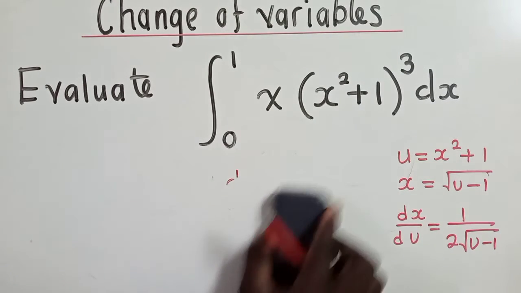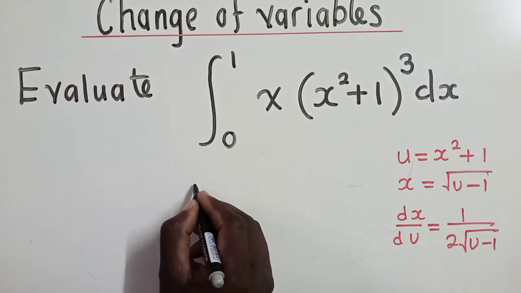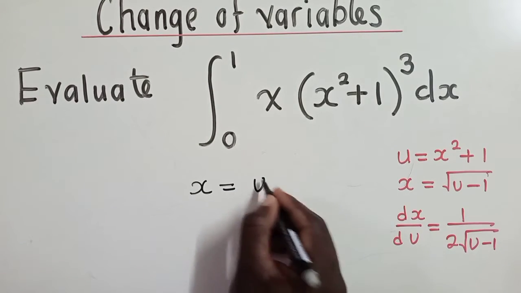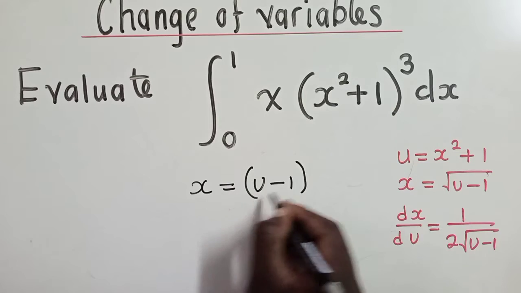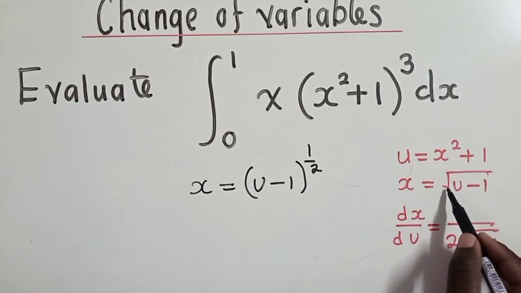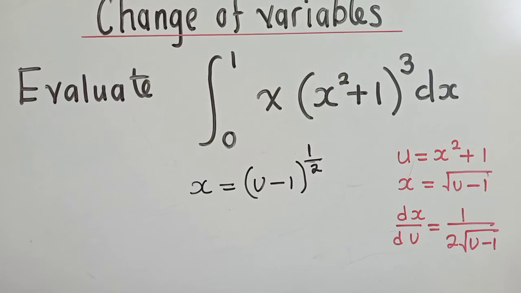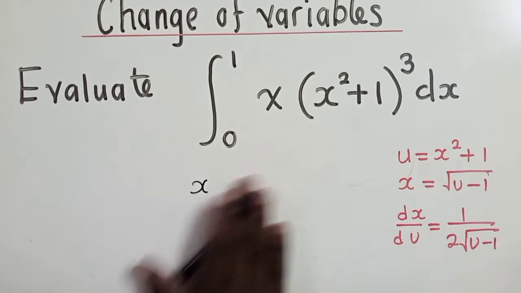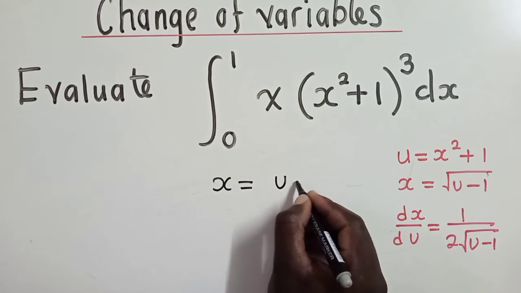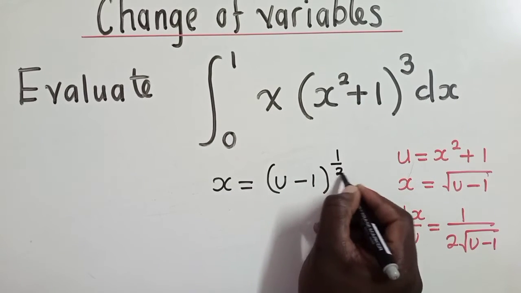Let's use the different marker so that you understand. I just got my x, which is right here, and I changed it to this, of which this root you're able to see is the same as the power 1 over 2. So you must know this. Let me write it properly. So x is equal to u minus 1 and the power there 1 over 2.